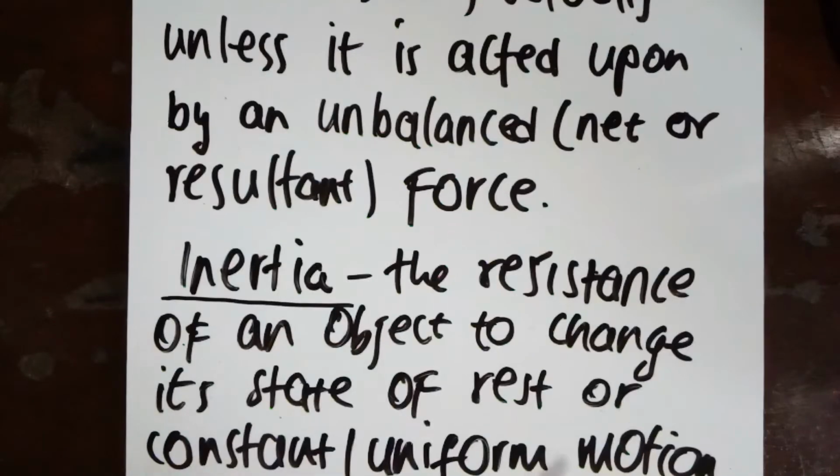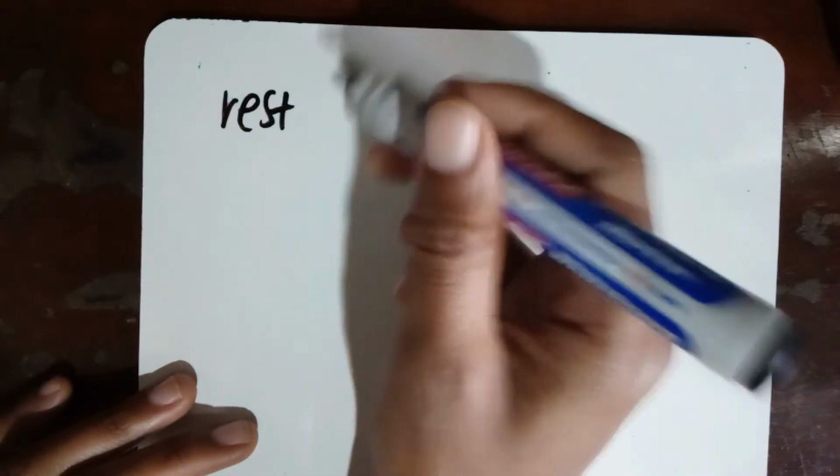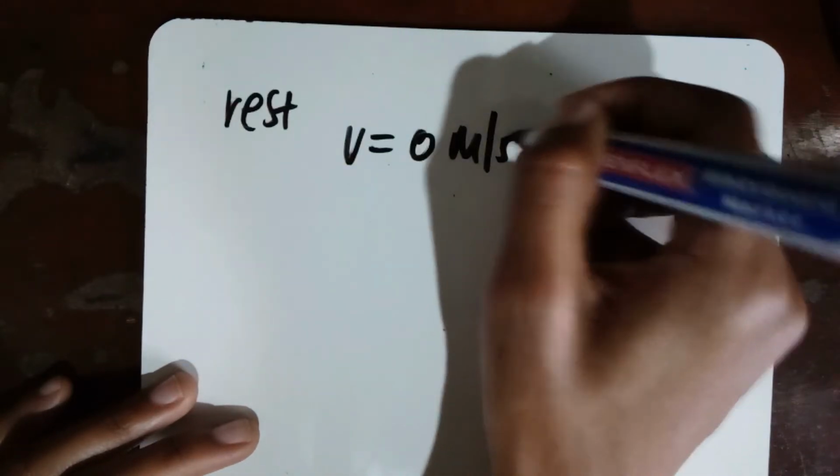But what are the implications of Newton's first law of motion? Remember, for Newton's first law, we are concerned with objects that are either at rest or stationary. If something is at rest, we know that its velocity is 0 meters per second.